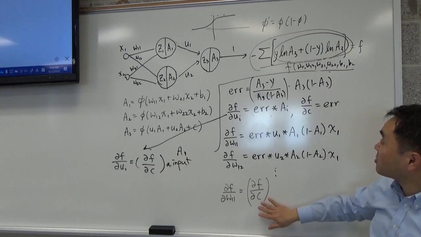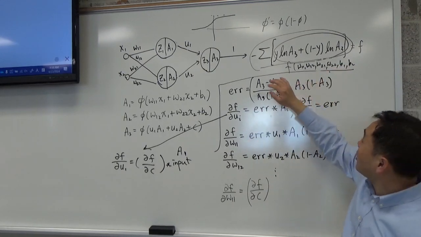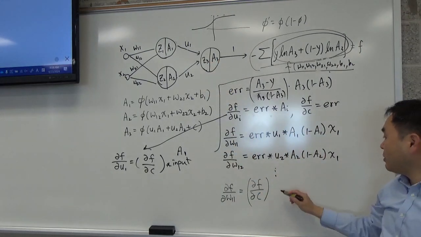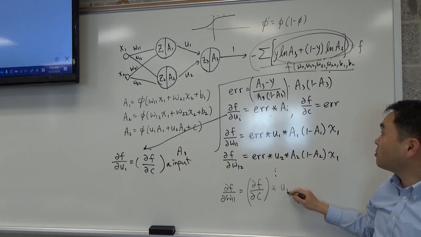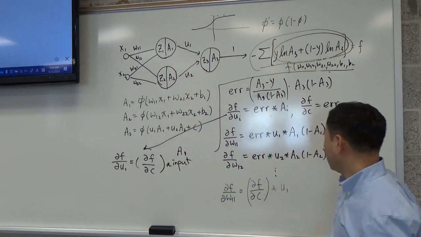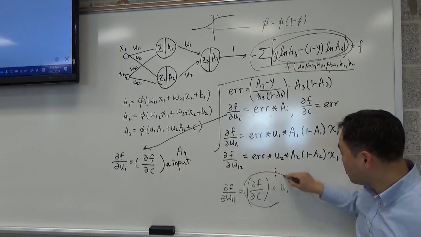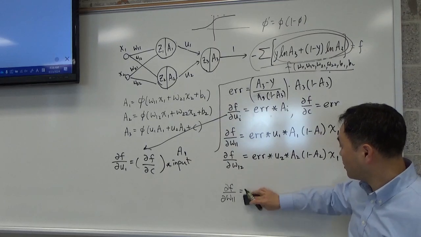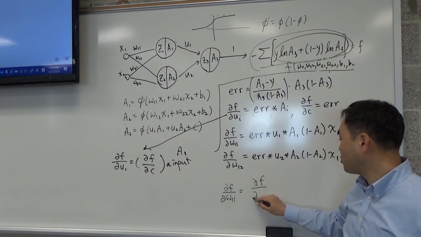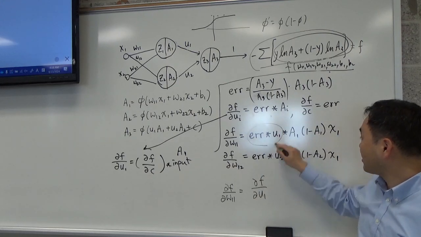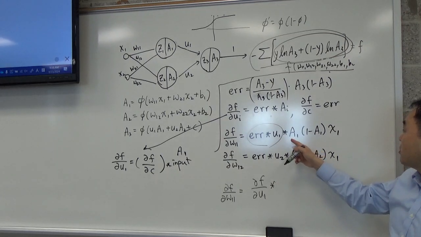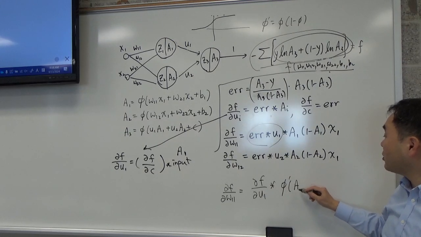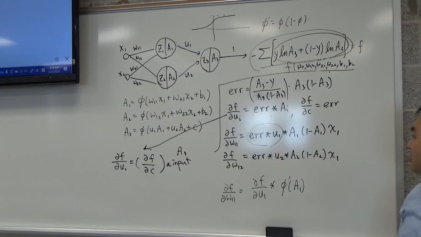So basically what this means is it's checking how much the f changes with respect to this guy here. Okay. Times the weight u1, because it went through u1, right? And by the way, this much was really how much f changed with respect to u1, right? So you can say how much f changes with respect to u1, and that's this much, times the derivative evaluated at the output, right?